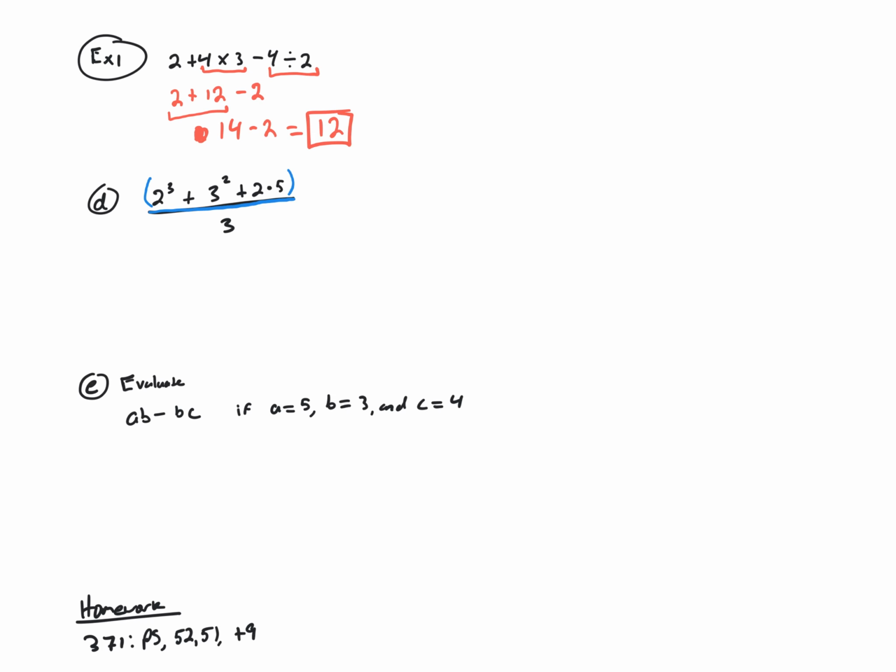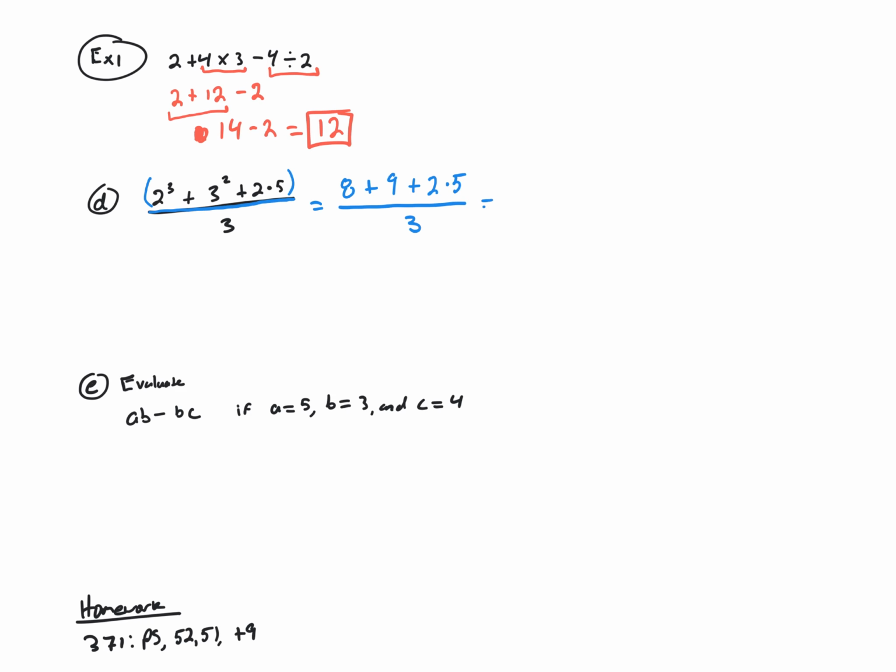Now let's go to exponents, or that number 2, roots. So 2 cubed is 8, or 2 times 2 times 2, plus 3 squared, well 3 times 3 is 9, plus 2 times 5, all of it divided by 3. Now I'm going to do multiplication and division.